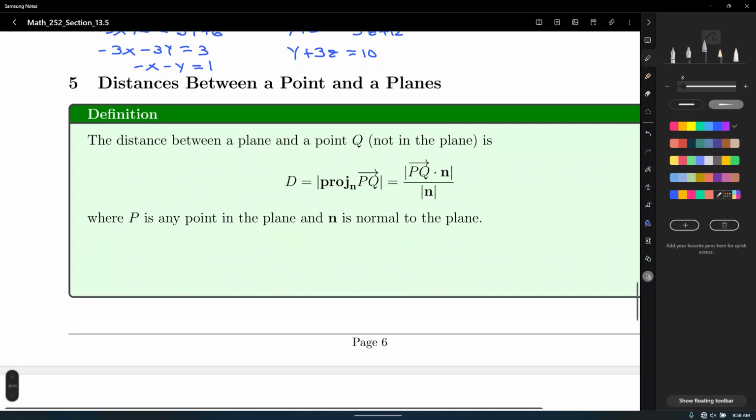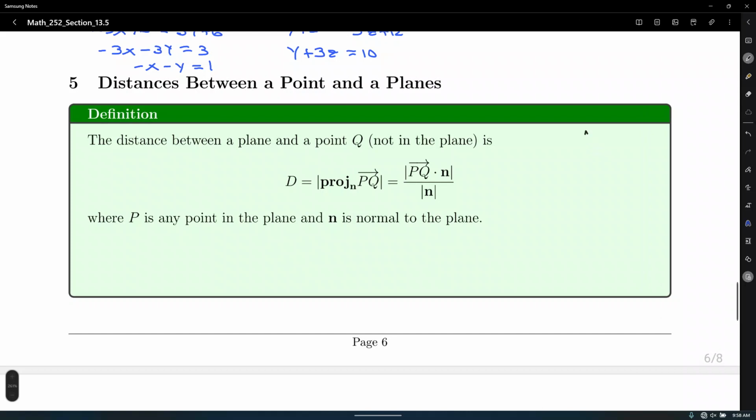The formula is there, that's the formula, but let's get the geometric point of view so we can see where this formula is coming from. I'm not going to derive the formula strictly. I'm just going to give you the idea. How do we end up with this projection thing?